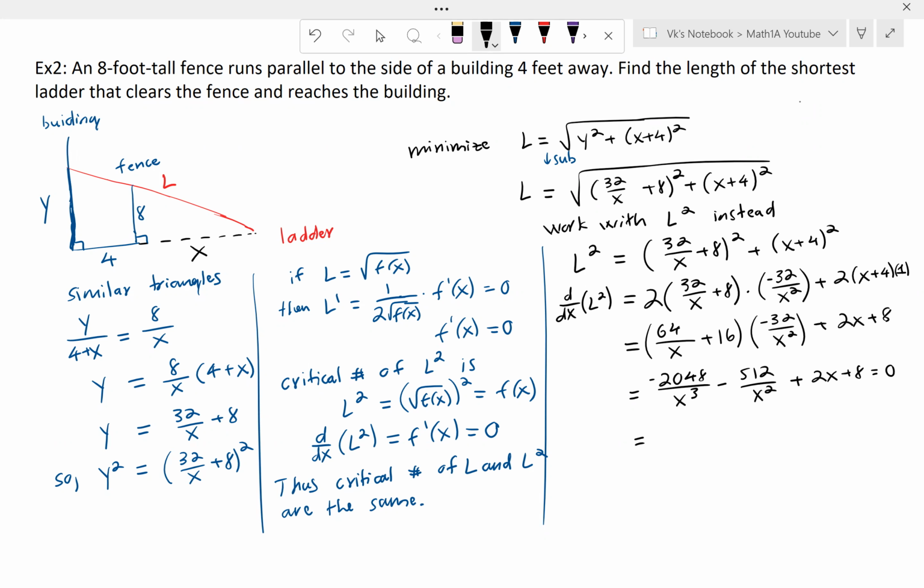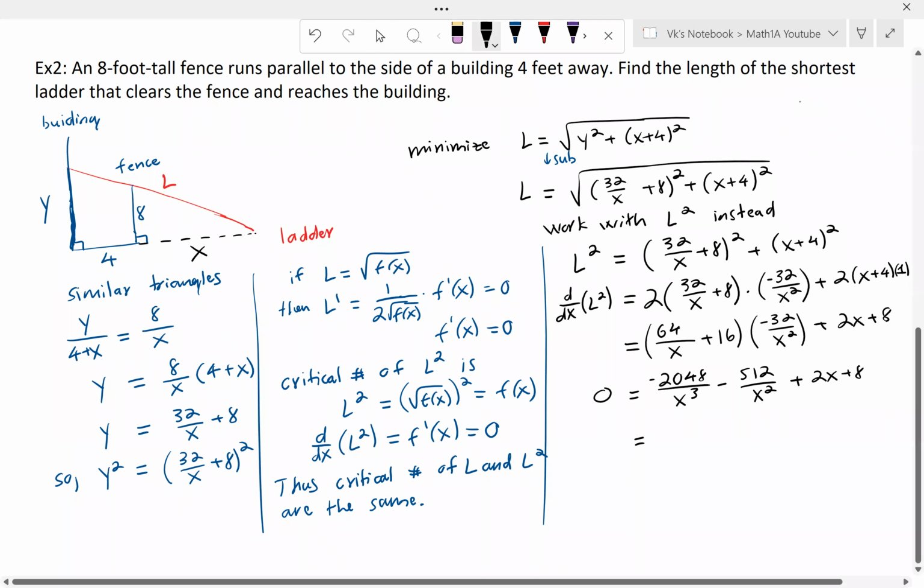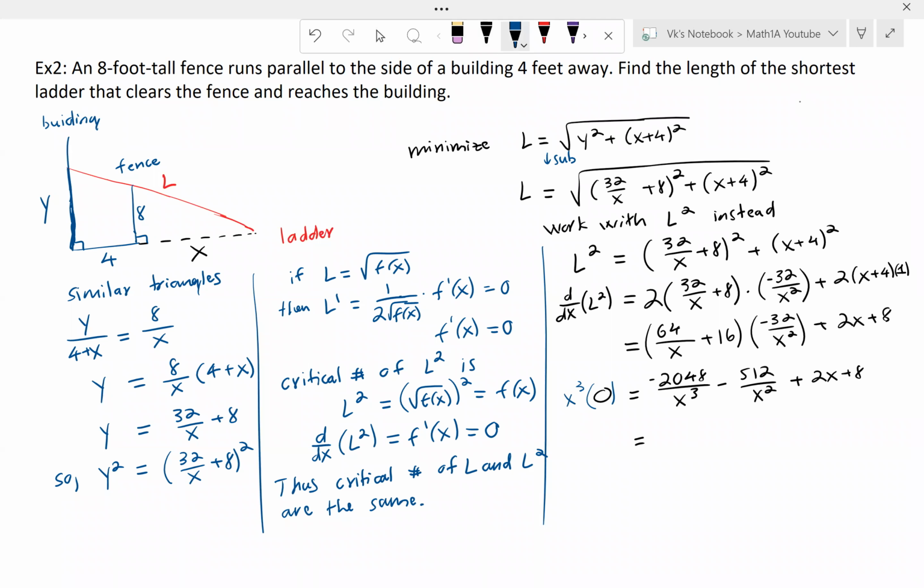Let's multiply both sides by x cubed to get rid of the denominator. 0 is negative 2048 minus 512x plus 2x to the 4 plus 8x to the power 3.